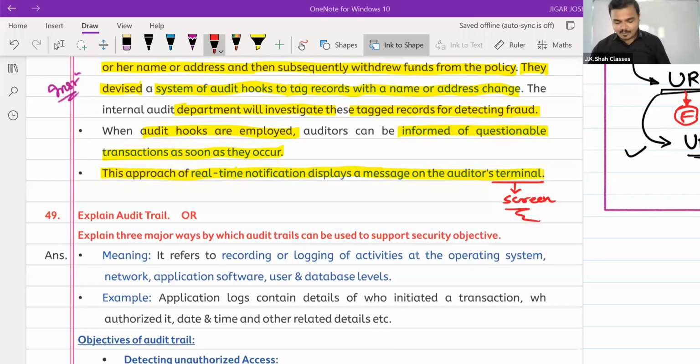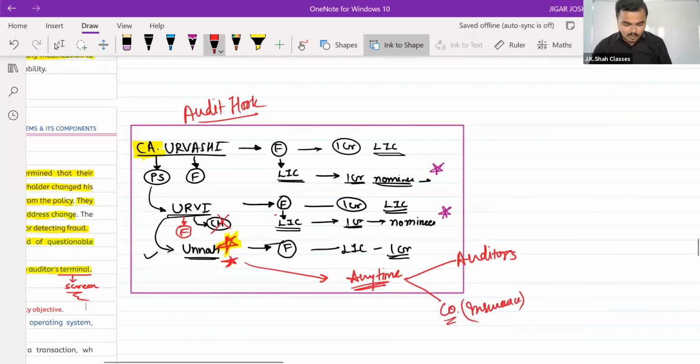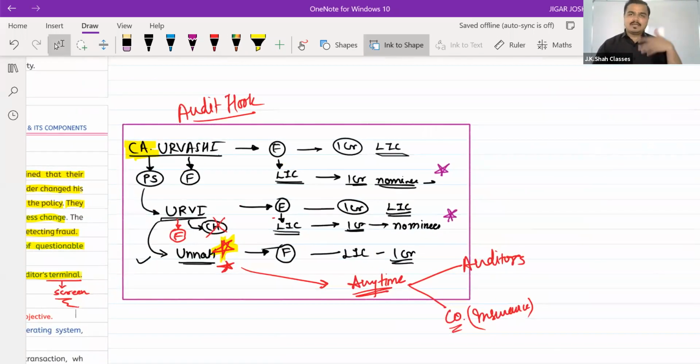Now, people, please record this case law as per your own example or in your own words: what went wrong, and how this policy system became vulnerable. Understood, my dear chartered? Please make sure you write this example, because during exam time, remembering these examples plays a vital role for the entire system. Otherwise, systems will get merged from one to another, and I don't want that to happen with you. So write down these examples very fast, very quick. Please, chartered.